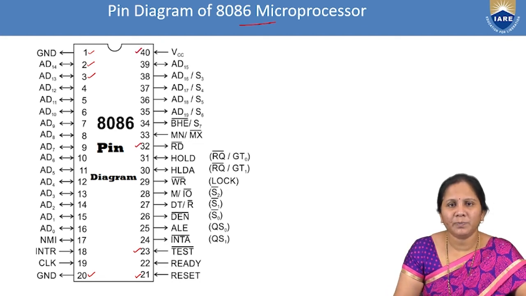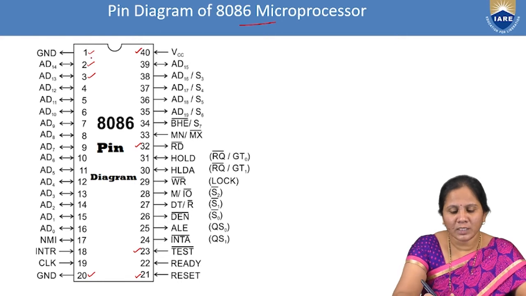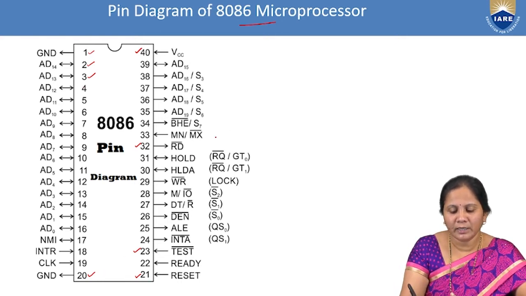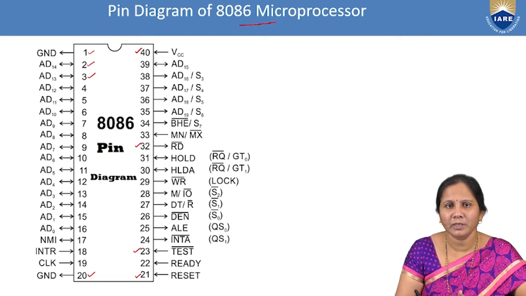All these pins have common functionality in the minimum mode and maximum mode. The 8086 microprocessor operates in two modes, minimum mode and maximum mode. So all the signals from 1 to 20, 21 to 23 and 32 to 40 have the same function when operating in minimum mode and maximum mode.